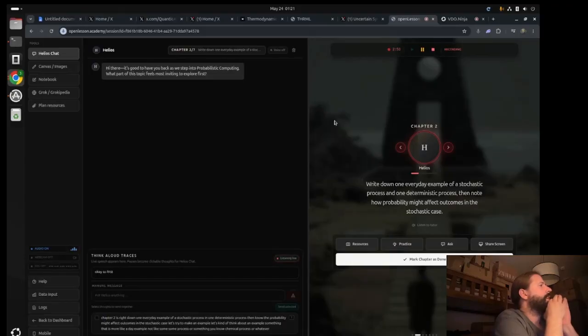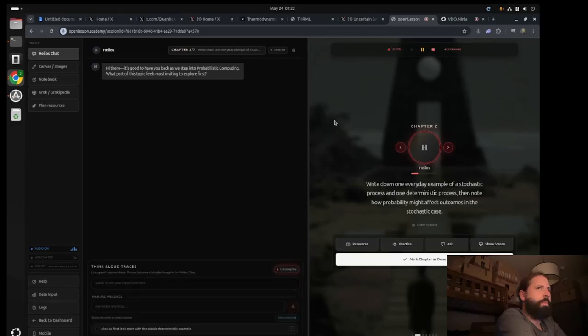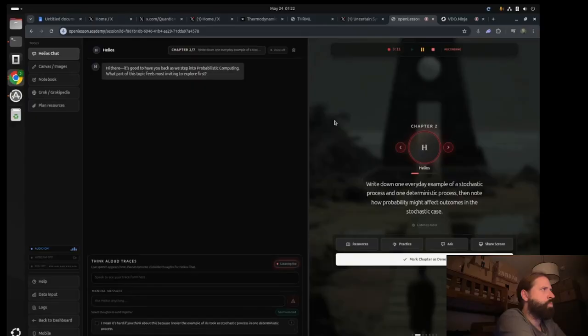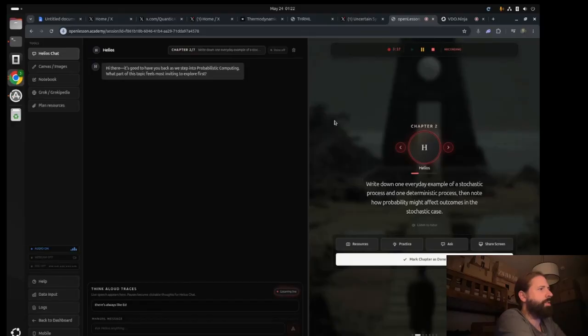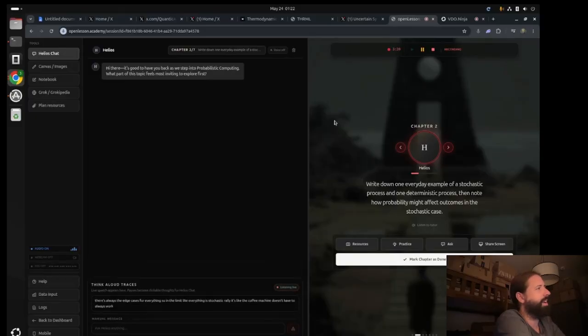Okay, so first let's start with a classic deterministic example. It's hard if you think about this, because there are always edge cases for everything, right? So in the limit, everything is stochastic. The coffee machine doesn't have to always work, right?